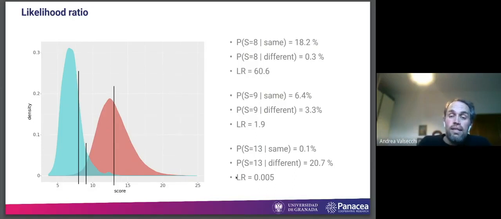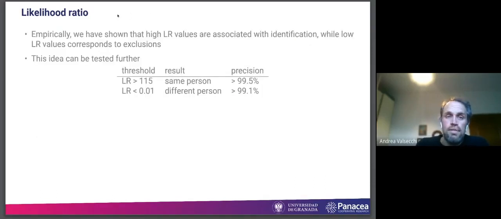Indeed, we get a very low likelihood ratio number. So empirically, we have shown that high likelihood ratio values are associated with identification, and low likelihood ratio values correspond to exclusion, which was our desired result.